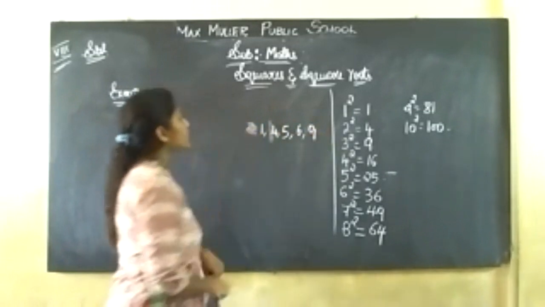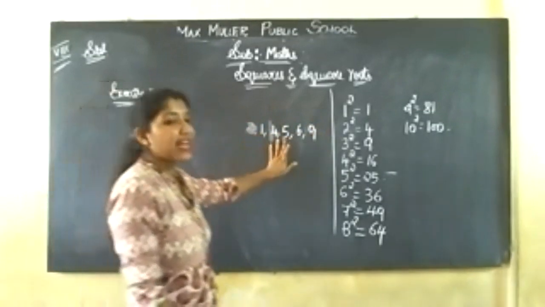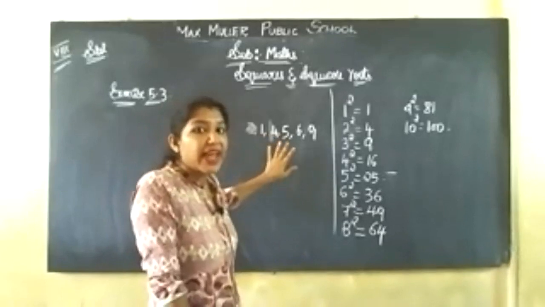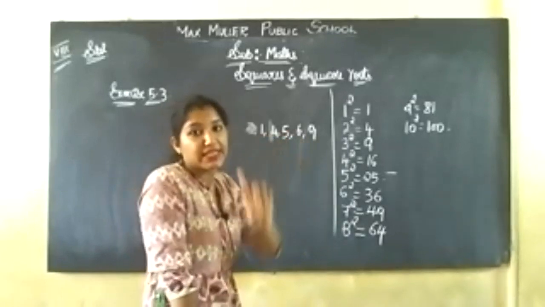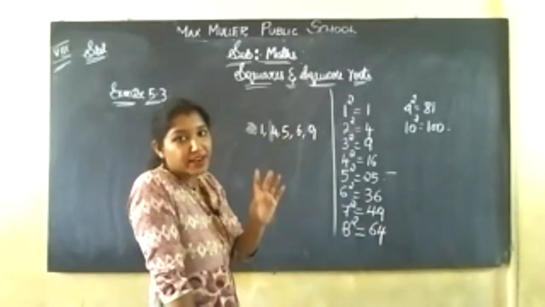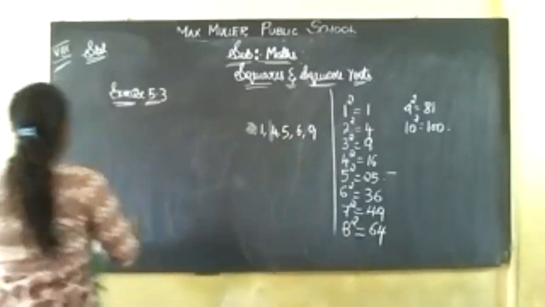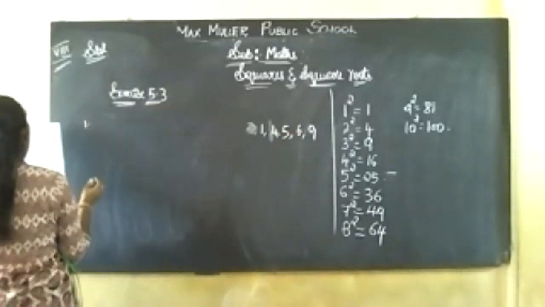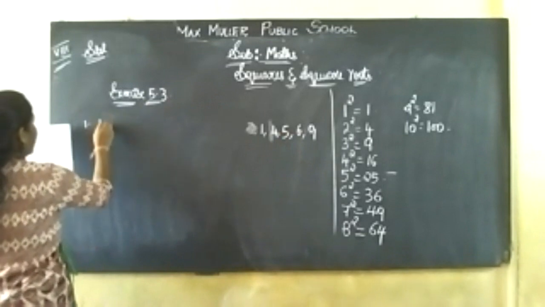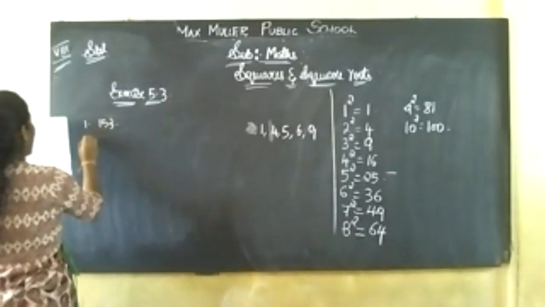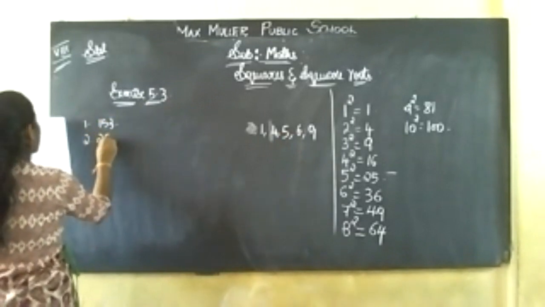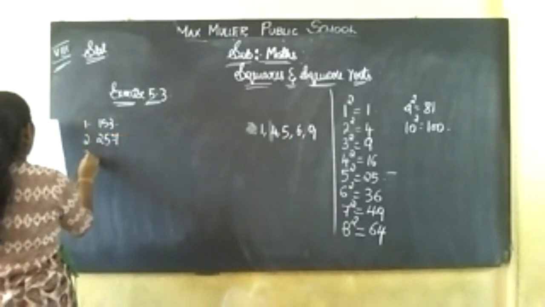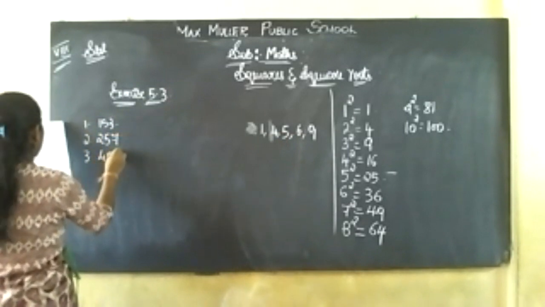Don't include 0 also: 1, 4, 5, 6 and 9. If the number ends with these digits, then it can be a perfect square. So without calculating, you have to find out whether the given number is a perfect square or not.